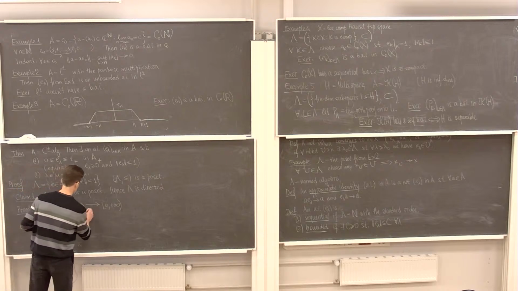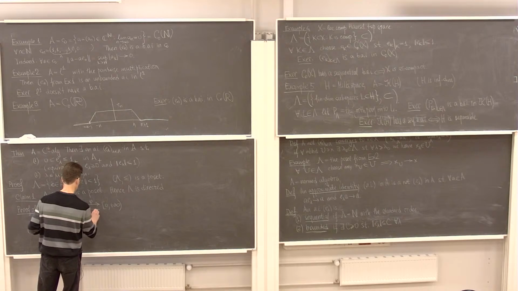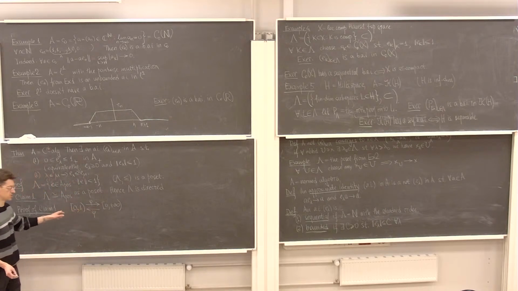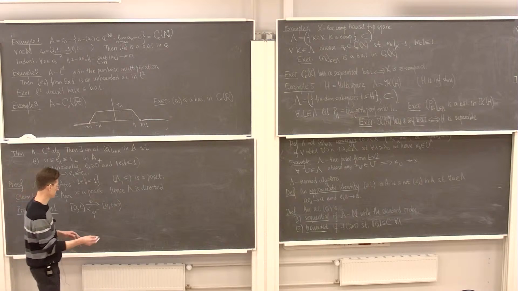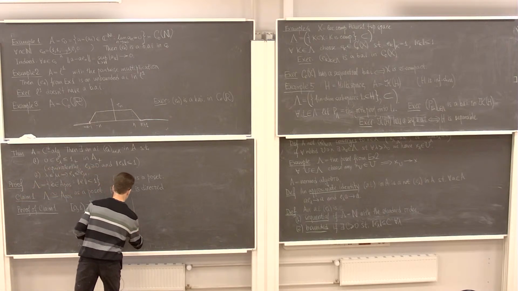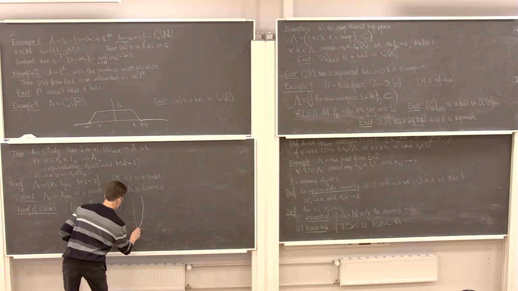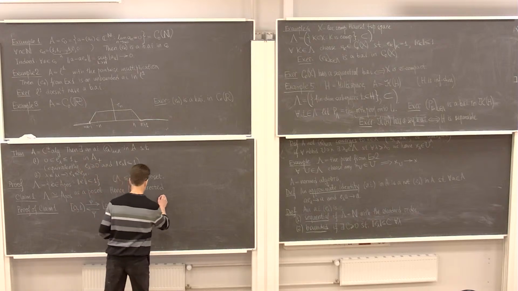So we start by constructing the following picture. We construct a very simple order isomorphism between these two subsets of the real line. So let me draw a picture. This is phi, and this is psi.